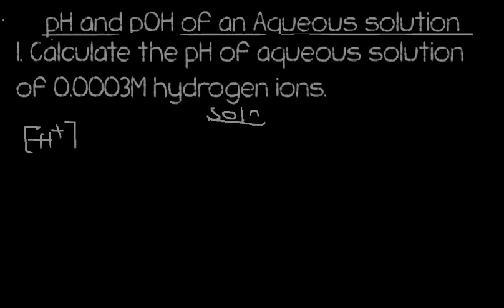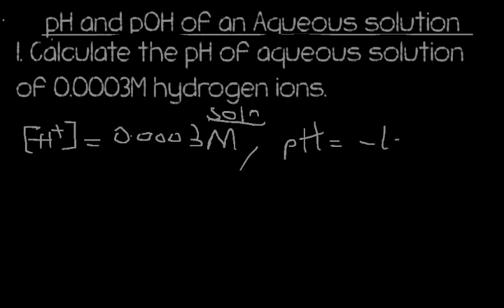So that's what I'm writing there. The concentration of the hydrogen ions is equal to 0.003 molar. So now, from the formulas that I said you should take note of, we are using one here. You know that pH is equal to the negative logarithm of the hydrogen ion.